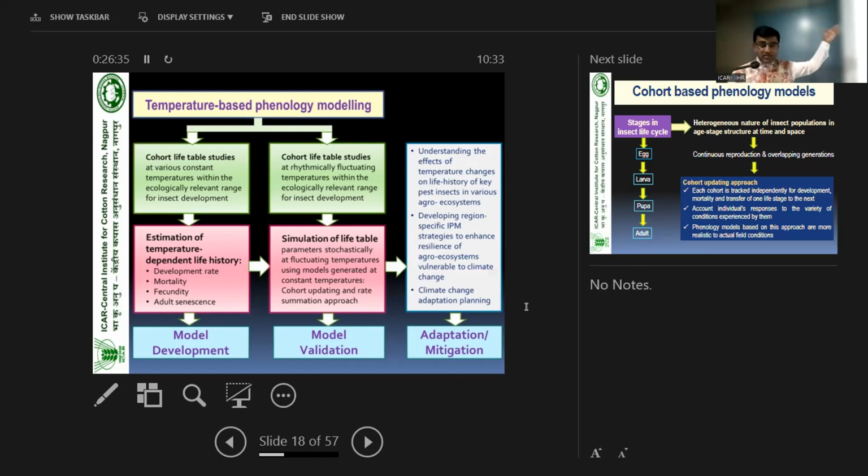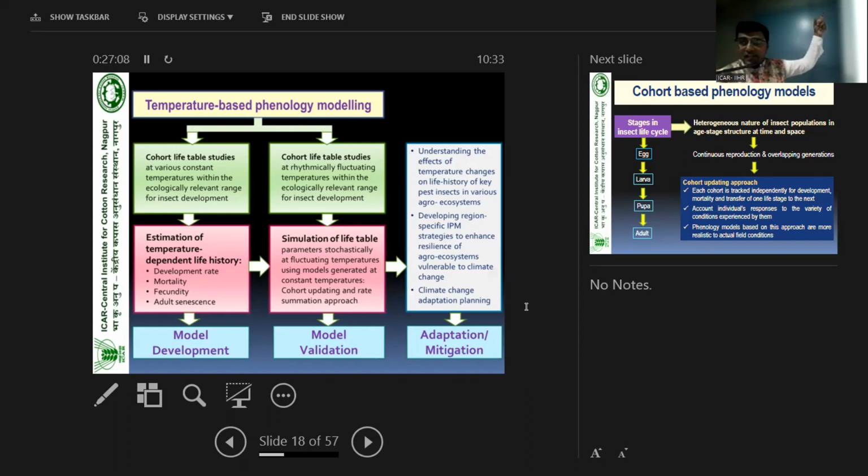A model constructed at constant temperatures will help to estimate only the best temperature, the range of temperature, that is the low and upper thresholds, then the optimum range, also thermal constant requirements like degree days, and survival and mortality. But it has to be validated against fluctuating conditions to simulate field-like situations.